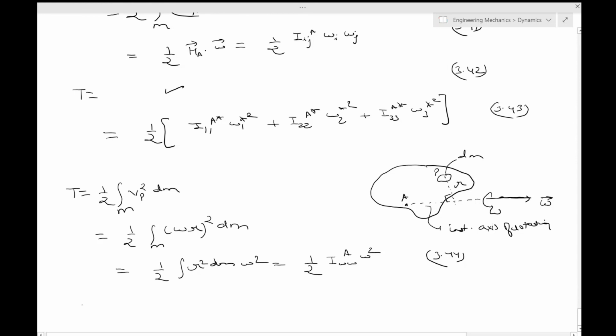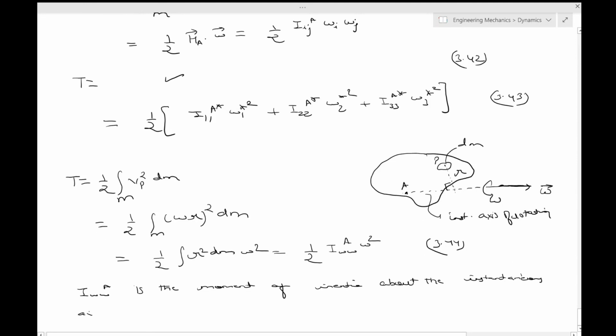So I_A is the moment of inertia about the instantaneous axis of rotation.